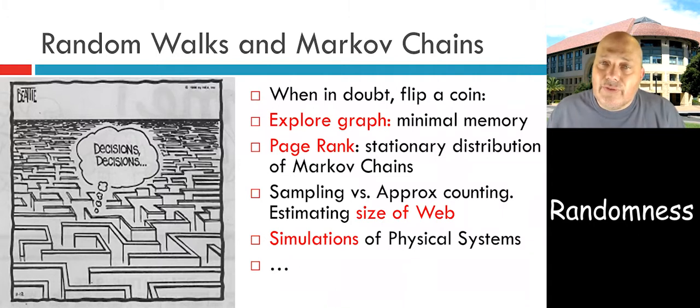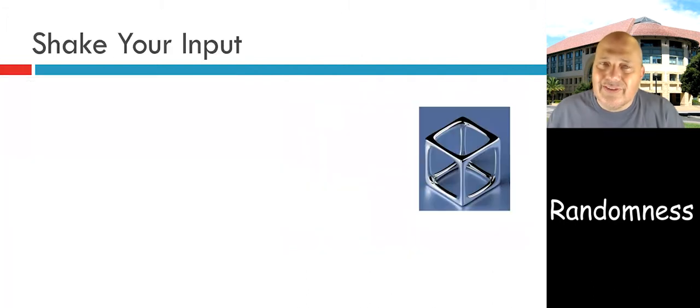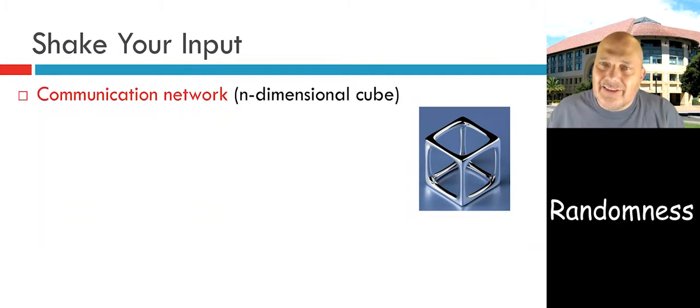So this idea of random walks is extremely useful, and has been used all over. Let me give you this example of thinking about shaking the input. One way in which you are using randomness is to turn a worst case behavior into a randomized behavior. And this randomized input may be much better.